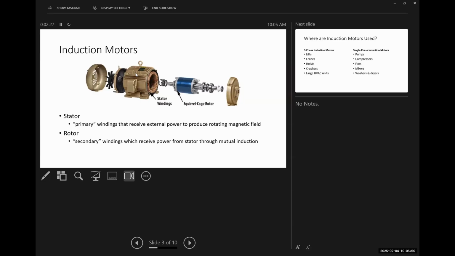Then there are some other parts. Most of this stuff is literally just to house everything, but I do want you guys to notice that on the very back end there is a little bit of a fan to try to cool things down. And then there's a case over it to allow airflow and also to keep you from getting your fingers cut off, because that fan is going to spin at the exact same speed as the rotor since it's all mechanically linked together.